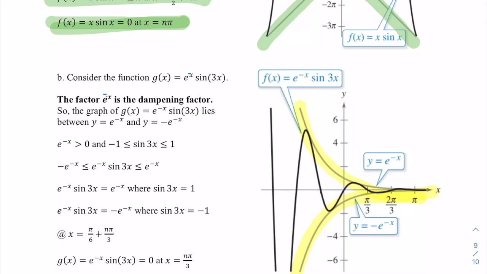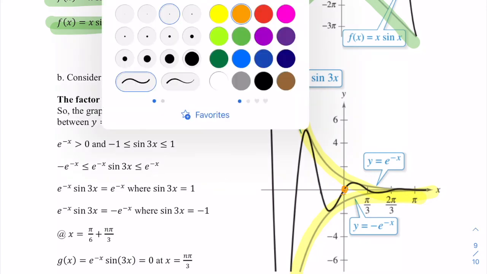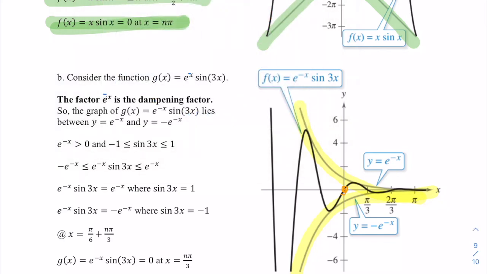And you can see the sine function still staying between these values. And still here at 0, 0, you can notice that it still has that x-intercept. And the 3 in this problem, the sine of 3x, is going to change the period. So remember, it's normally 2 pi, so this period will now be 2 pi over 3. So that's going to change where we have these zeros and where it touches the function.